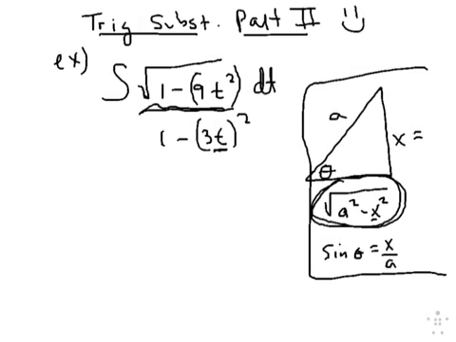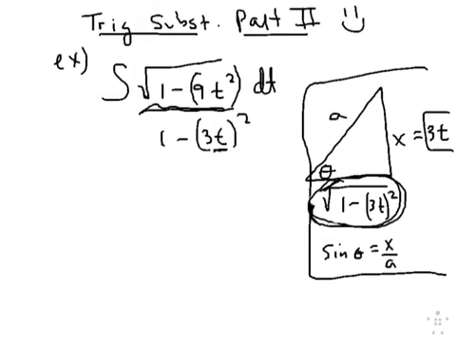I can say that basically x is going to be 3t in this pattern, and instead of a squared, root a squared minus x squared, that's the original radical of interest. So let's write that in. So square root 1 minus 3t whole thing squared.